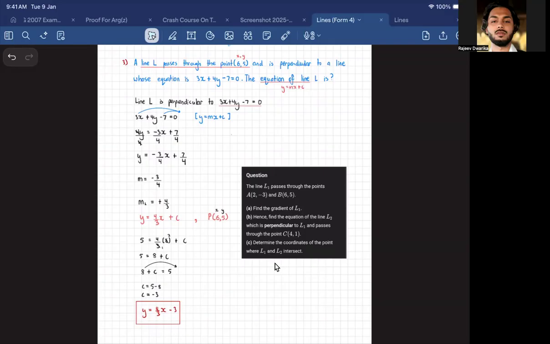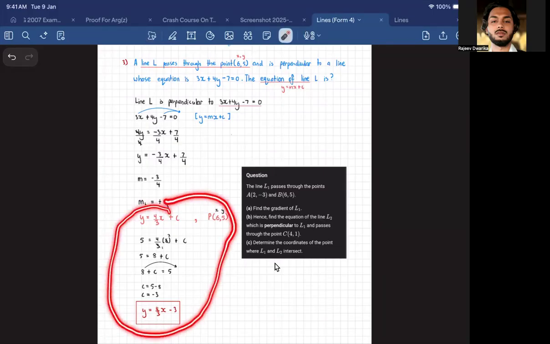Right, Perseus, what did you get for part A? I got 2, sir. Nice. And what would the gradient of the perpendicular line to that be? Negative 1/2. Yep, negative 1/2. And so now you just have to follow the same kind of working from here onwards to get your answer.